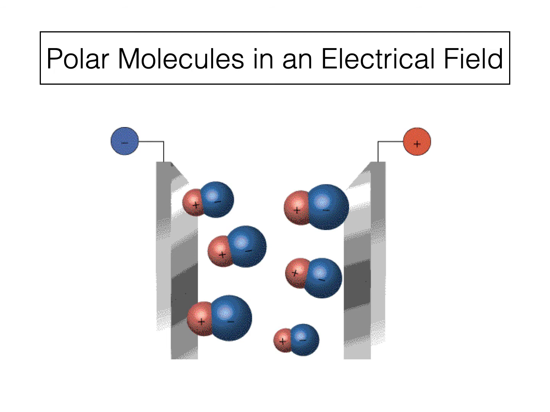The two plates are labeled as positive and negative, and so they align themselves. Opposites attract, and the negative ends of the molecules are being attracted by the right-hand positive plate. The positive ends of the molecules, the red ones, are attracted towards the negative left-hand plate. So they would actually respond to the electrical field.